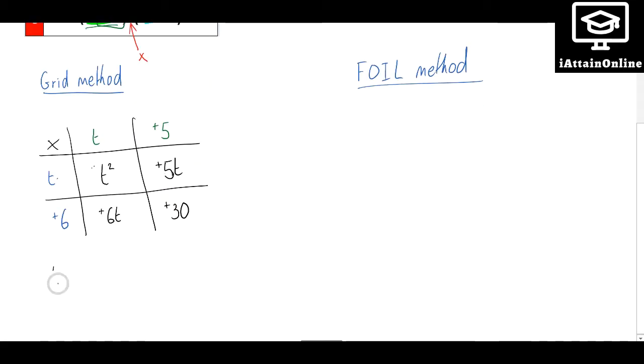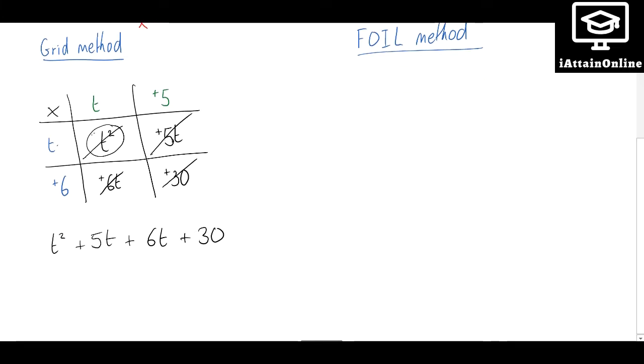So I'm just going to write out this t squared, cross it out as I do it as well, this 5t, this plus 6t, and then this plus 30. Okay, now you come to simplify, so we're going to group together all the squared terms, all just the t terms, and all of the numbers.